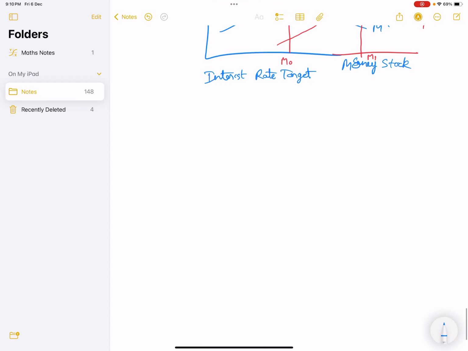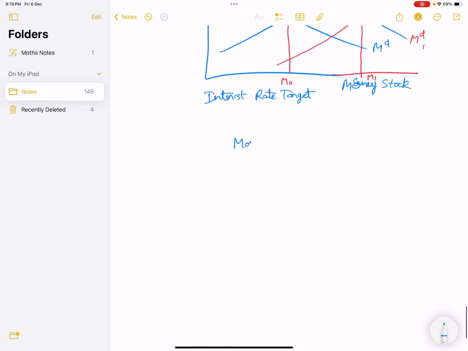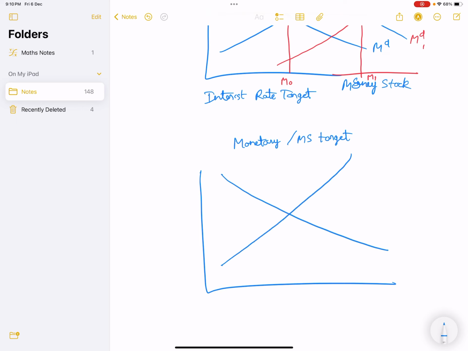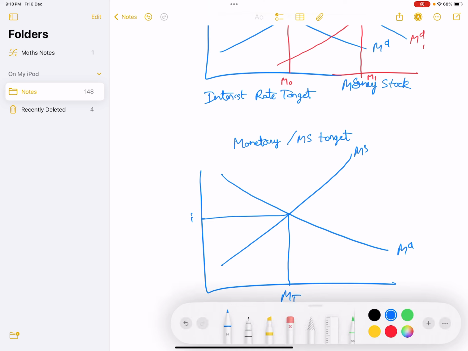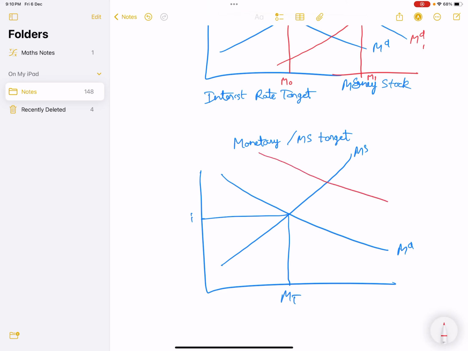Similarly, if we are talking about a money stock target, or money supply target, this is the monetary target. This is money demand, money supply, and this is interest rate. Now, if money demand increases or reduces, we can draw for various cases.